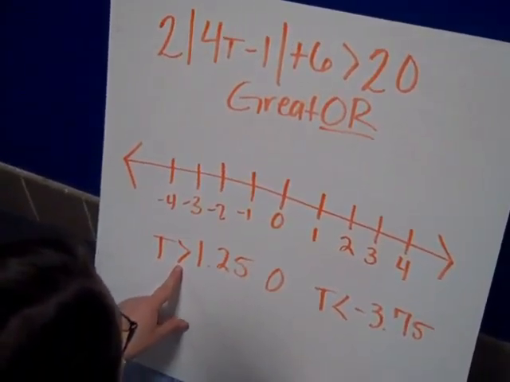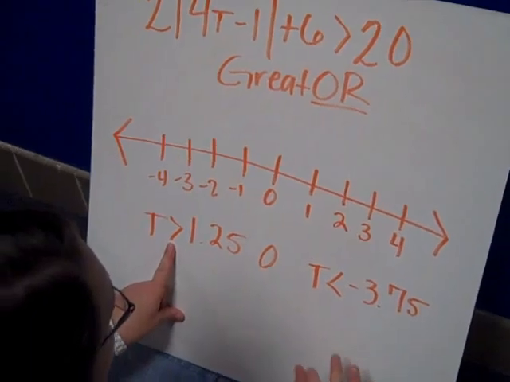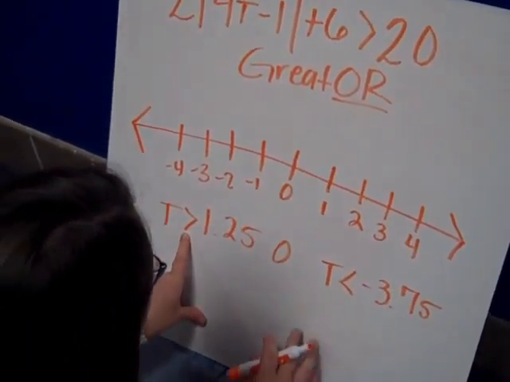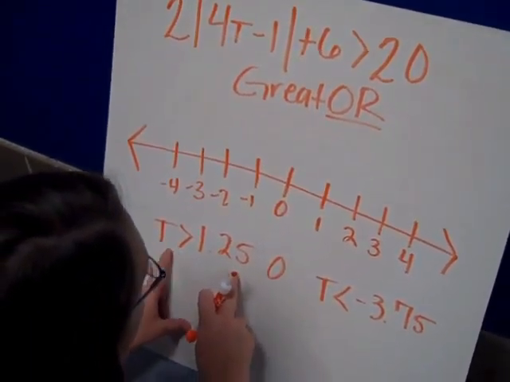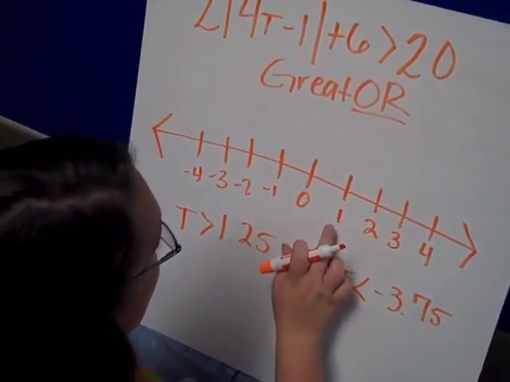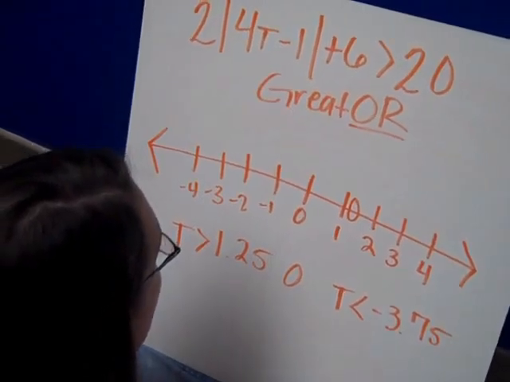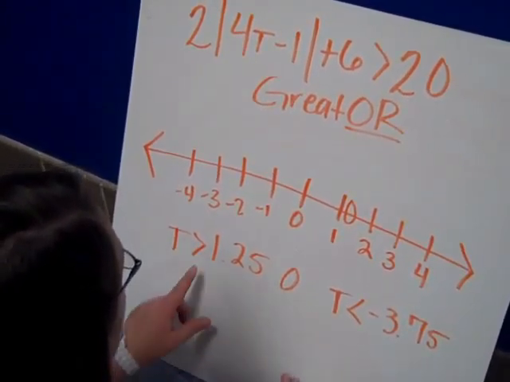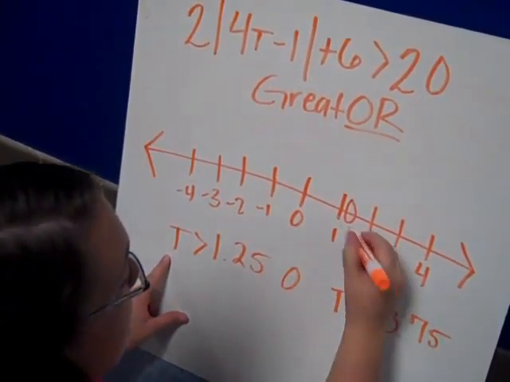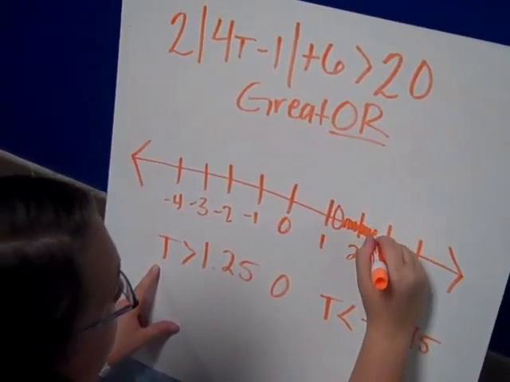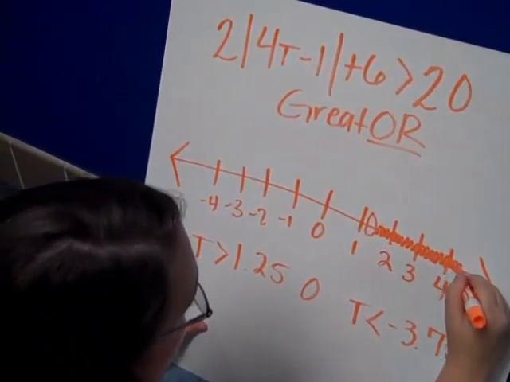So it's greater than 1.25. Because 1.25 is greater than 1, we will have the open dot right here. Now, because this is greater than, it means that t can be any of these. Remember to have your line and the arrow here to be able to see that it goes on forever.